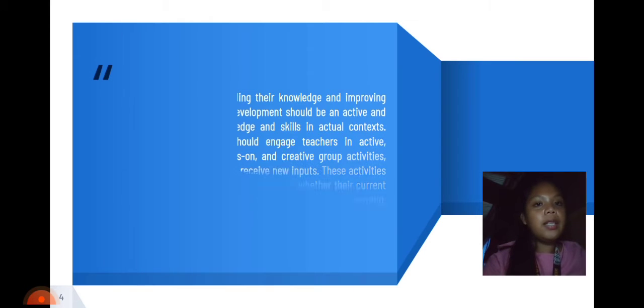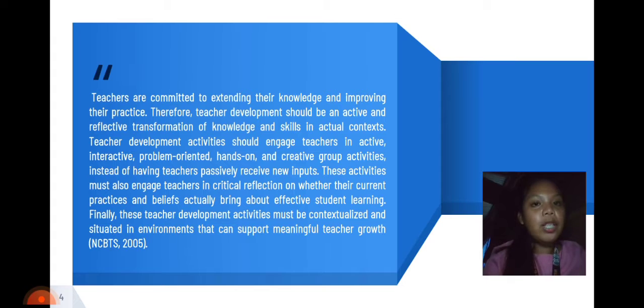Next is the 5th principle, which is teachers are committed to extending their knowledge and improving their practice. Therefore, teacher development should be an active and reflective transformation of knowledge and skills in actual context. Teacher development activities should engage teachers in active, interactive, problem-oriented, hands-on, and creative group activities, instead of having teachers passively receive new inputs.